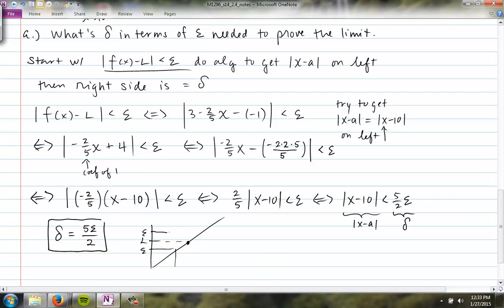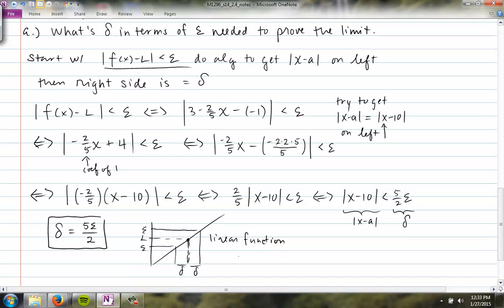Notice that when we map down our epsilons, and I draw this right, these deltas are the same for linear functions. And those are the only kind that we're going to do where you find delta in general in terms of epsilon. So those deltas equal each other. Alright, so that's it. And there will be one more example in the next recording.